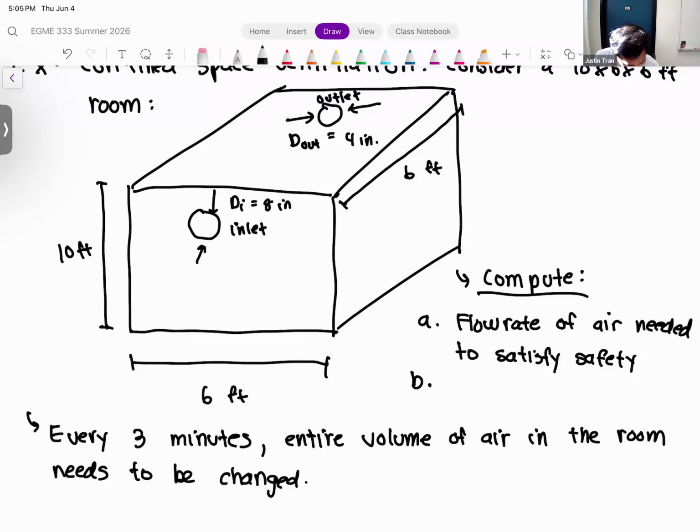And B, assuming that the velocities at the inlet hose and outlet hose are uniform, right? So we're not considering any spatial variation in the velocity. Let's compute the average velocity of air at the inlet and the average velocity of air at the outlet.